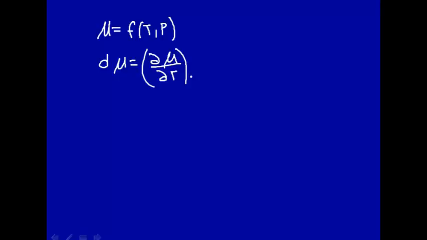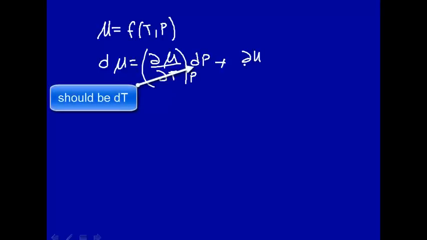So let's start out. Mu is a function of temperature and pressure. Note that we have the number of moles not in here because it's the partial molar quantity. We've taken care of that. So like we've done for free energy and Helmholtz free energy and all those other things, we say that d mu will be how mu changes with temperature at constant pressure times dT, plus how mu changes with pressure at constant temperature times dP.